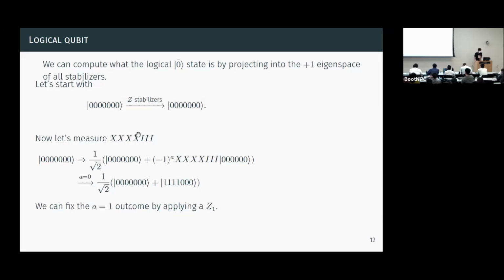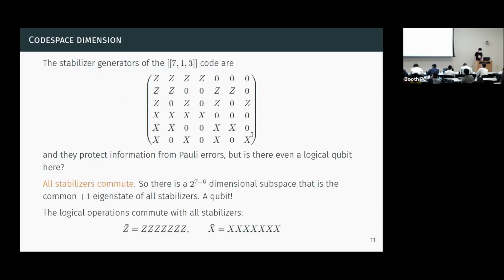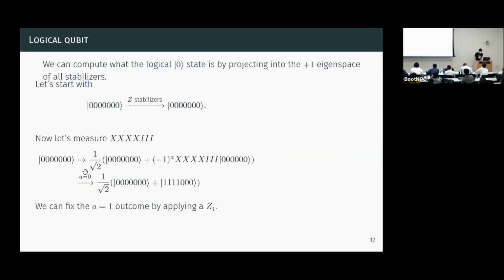Now let's measure XXXX, the first X stabilizer of our Steane code. It's a Steane code. Then what happens? We get a superposition: one term is the all zero string, and the other is the all zero string with XXXX applied, and then there's a random phase.